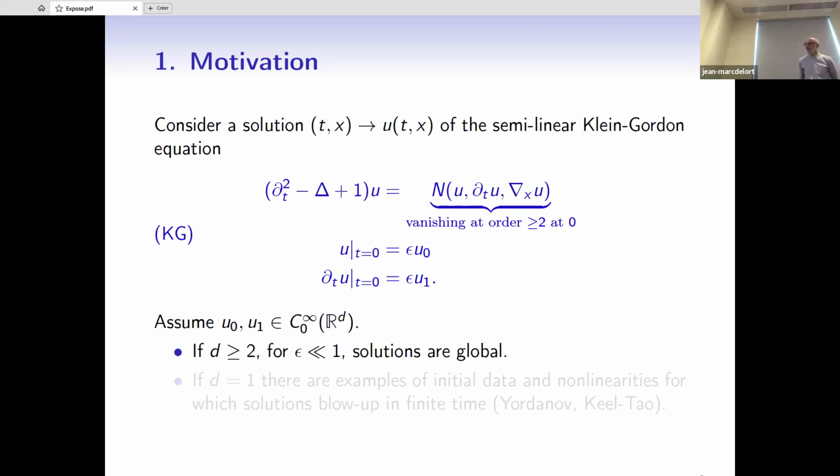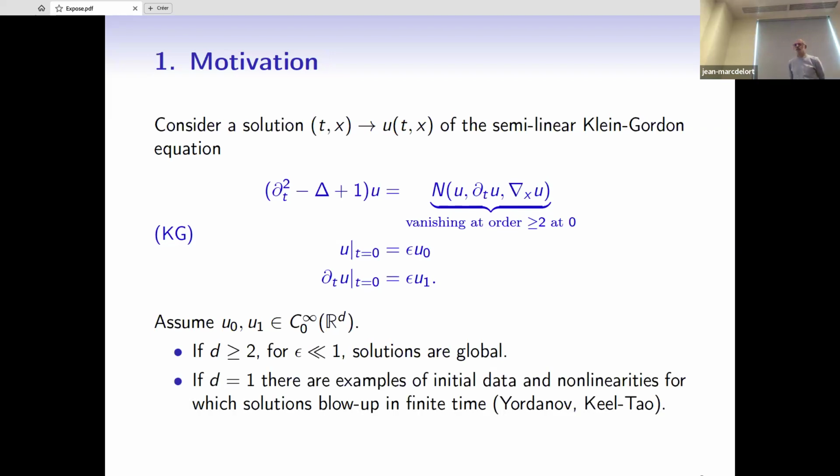Moreover, in one space dimension, it is known also that this similar result does not hold true, because there are examples of nonlinearities and of initial data, so that the corresponding solutions blow up in infinite time, even for small initial data. Such examples are constructed by Jordanov and by Keel and Tao.